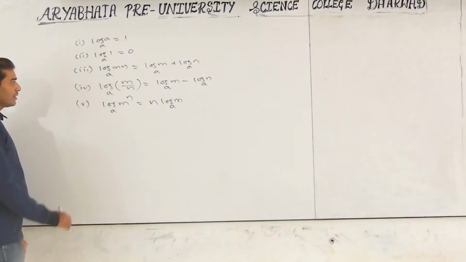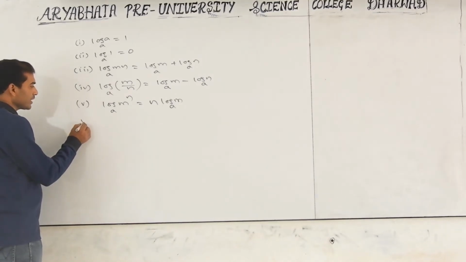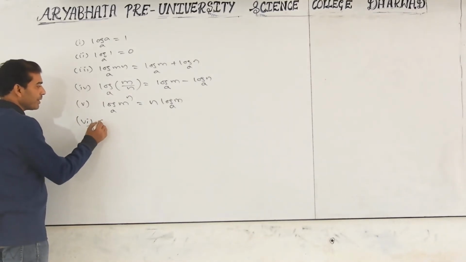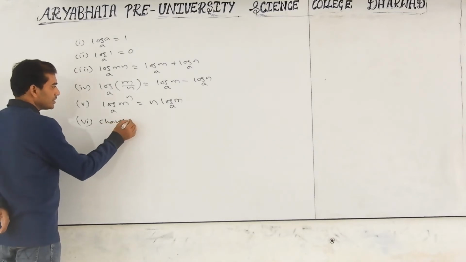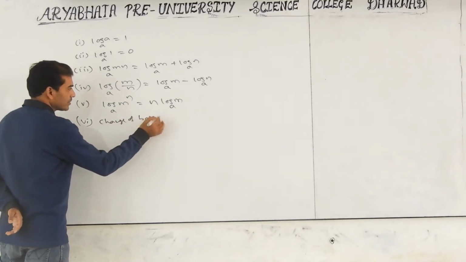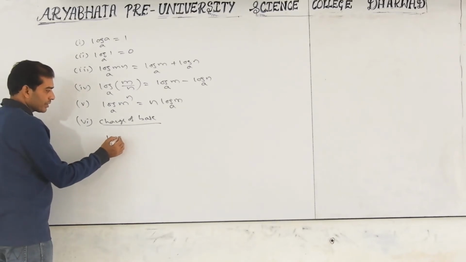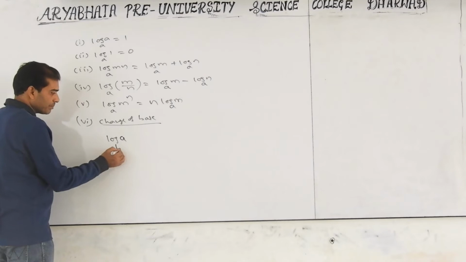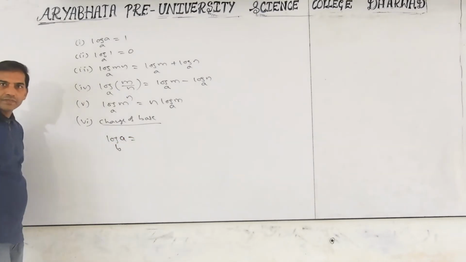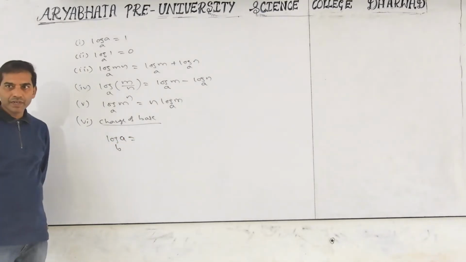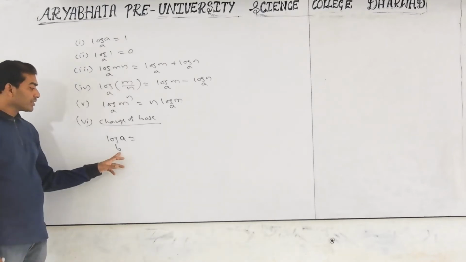Now, the next property: change of base. See, the logarithm of a base b. Here the base is b.